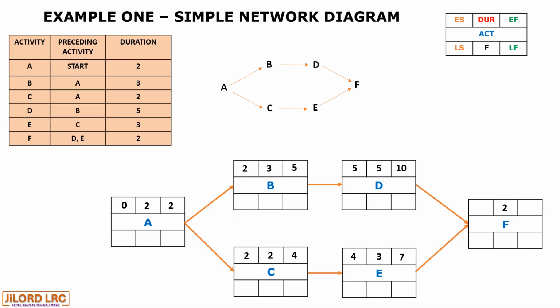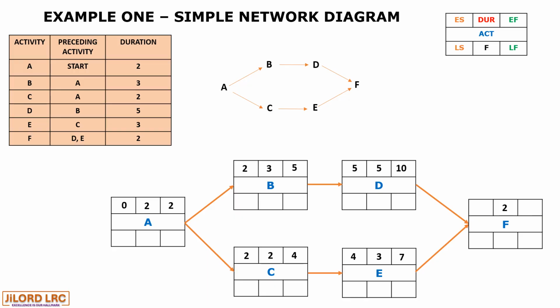Activity D and E are activities that have to be completed before activity F commences. Now, activity E completes in a duration of 7, whereas activity D completes with a duration of 10.